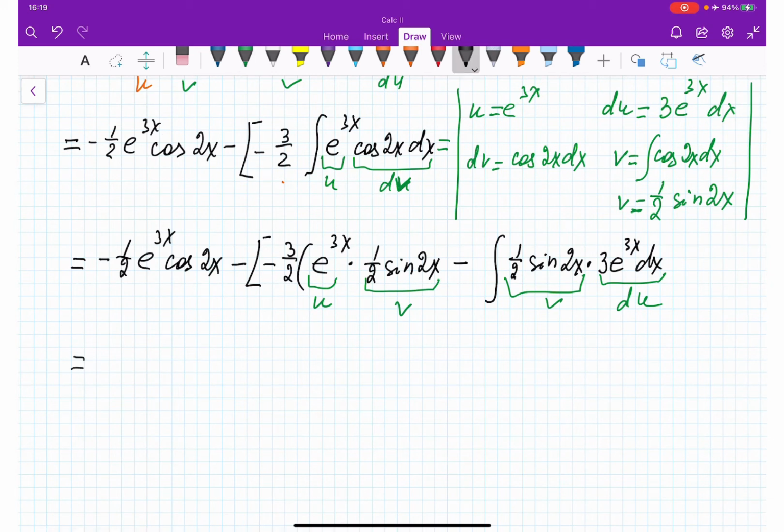I am getting negative 1/2 e to power 3x cosine 2x minus. Next I'm going to distribute this negative 3/2 into these terms.